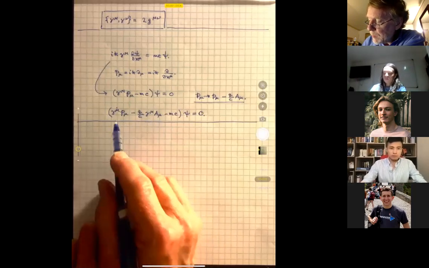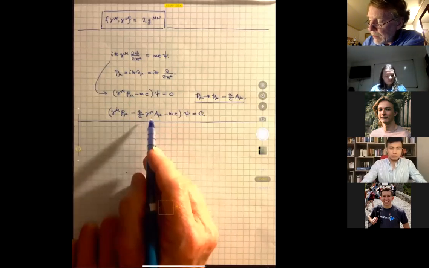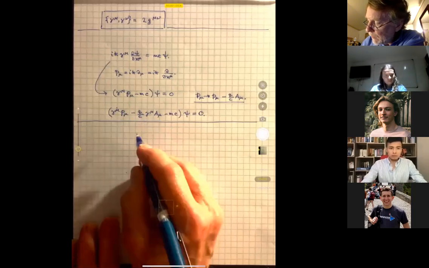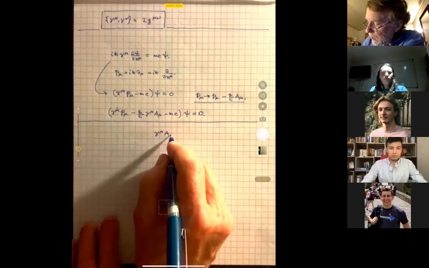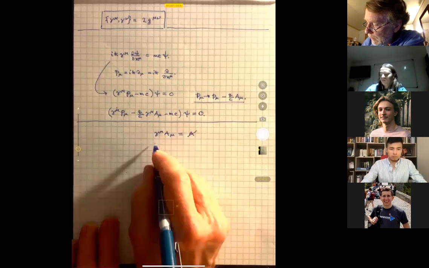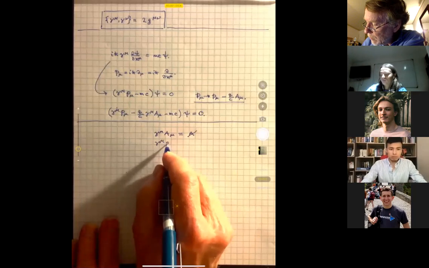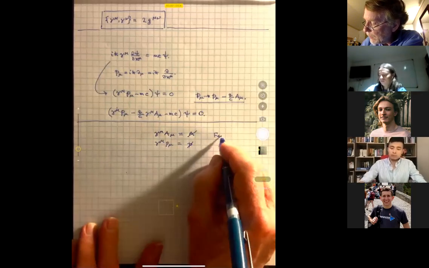Such contractions between gamma mu and other objects are very common in the Dirac theory, and so there's a special notation developed for it. Instead of writing gamma mu A mu, which gets to be tedious, Feynman decided he'd just write this as an A with a slash through it. Gamma mu P mu is written with a P with a slash through it. This is called the Feynman slash.